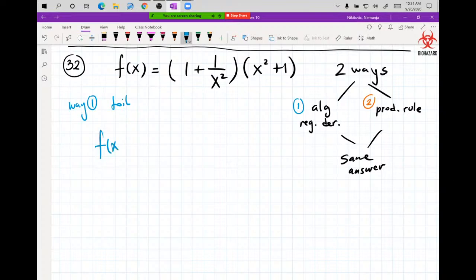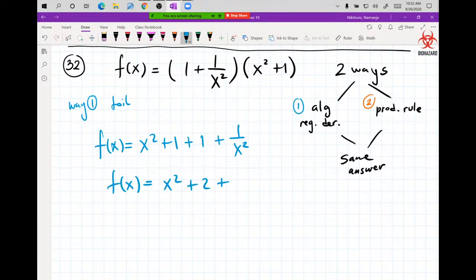So I have that f of x is going to be, when I multiply by 1, it gives me x squared plus 1. And then plus, when I multiply by 1 over x squared, I get 1 plus 1 over x squared. And that simplifies into x squared plus 2 plus 1 over x squared.